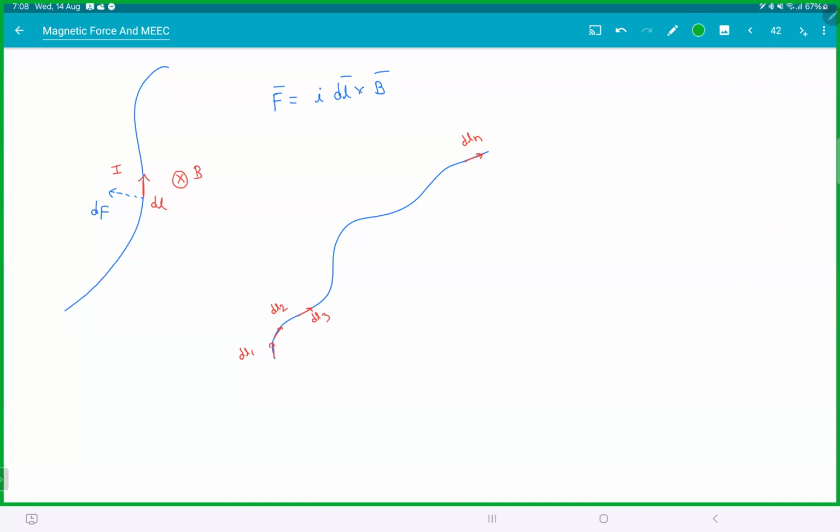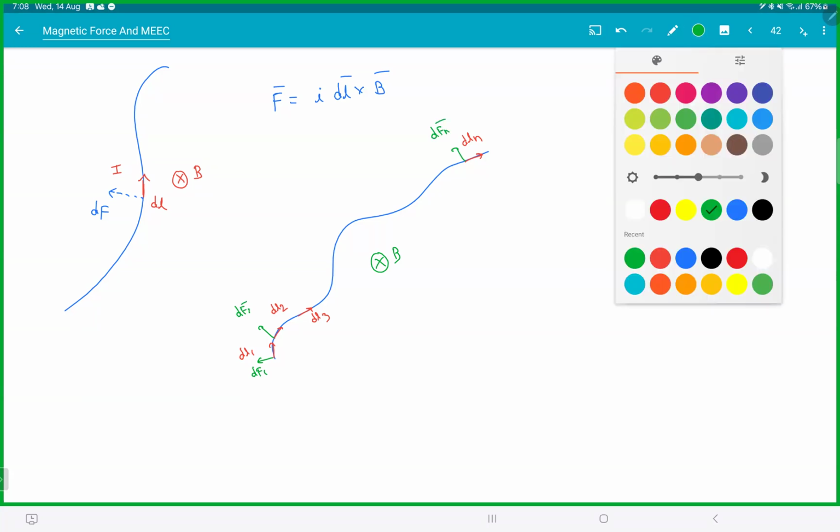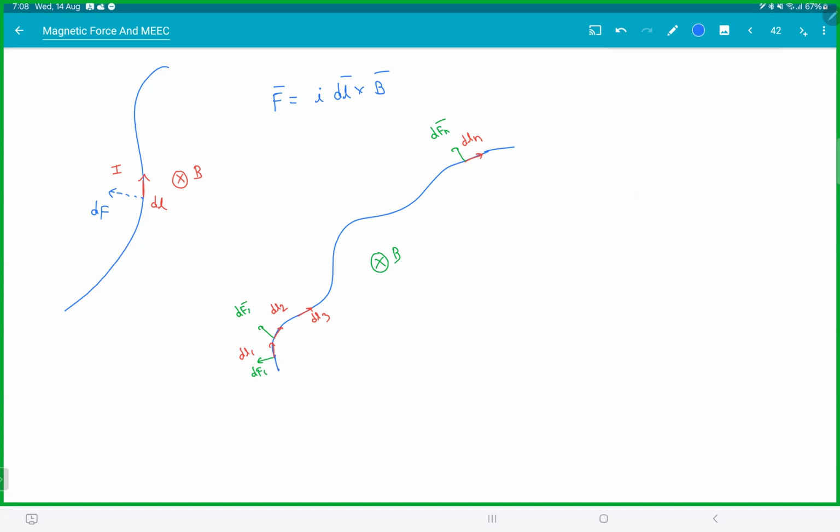And if you try to add all these forces, let's say there's a magnetic field B in the region, dF1, dF2, dFN, the force on the curved wire would be summation: I, current is same in all of them, I dl1 cross B plus I dl2 cross B, so on, plus I dlN cross B. So I can take out all that common: dl1 bar plus dl2 bar, so on till dlN bar, cross B bar.